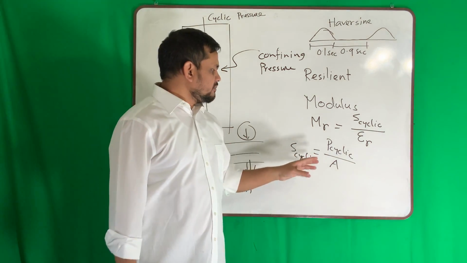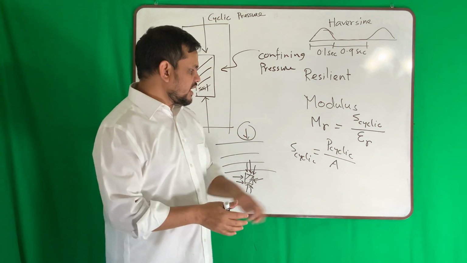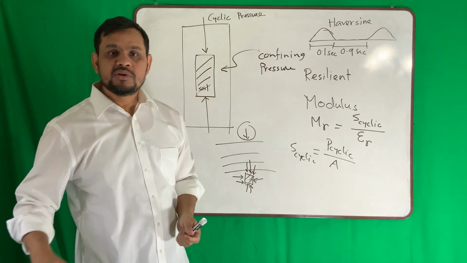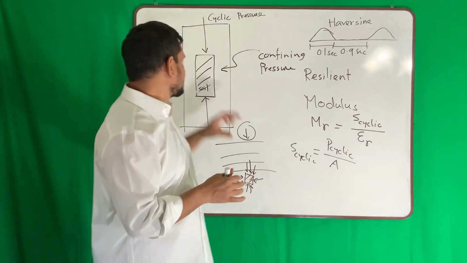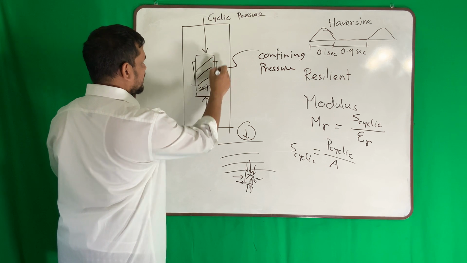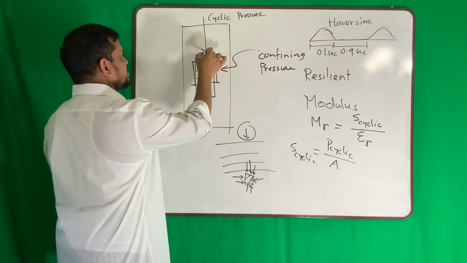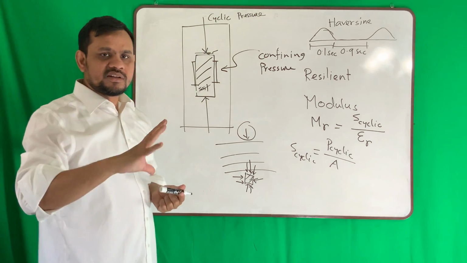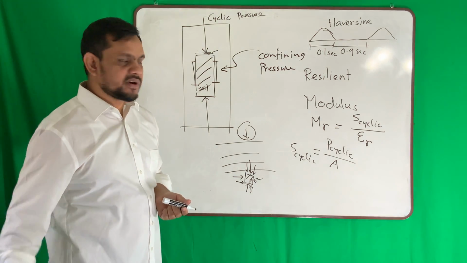And then the load applied over area is our cyclic stress, and then we measure the deformation of the sample. We place some sensor here, or we place some sensor here also, depending on the device you are using.